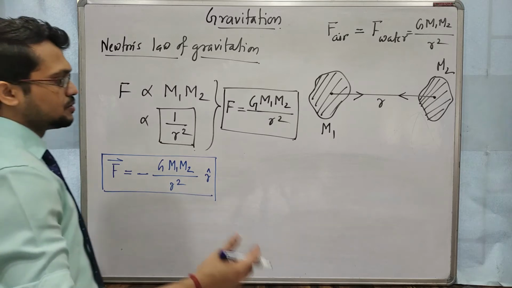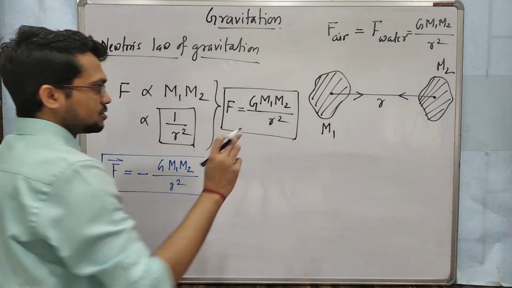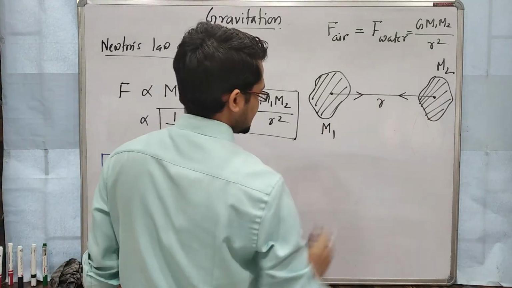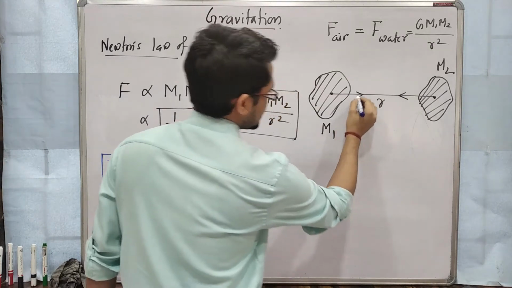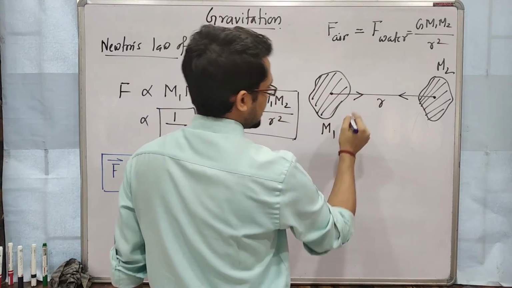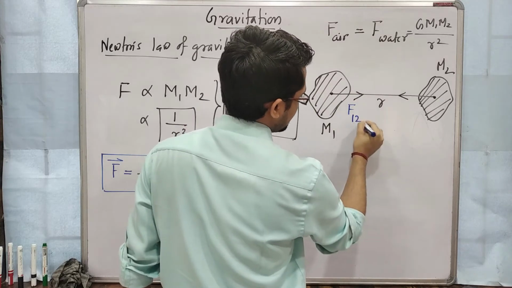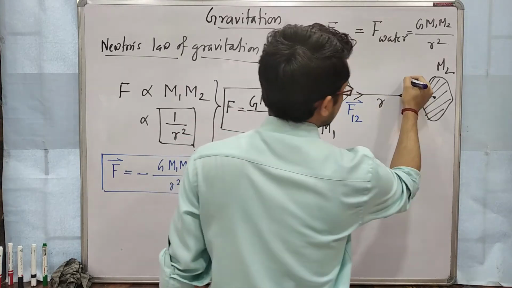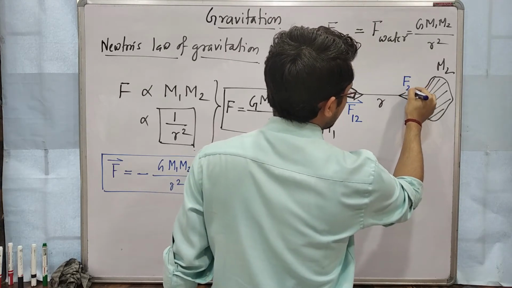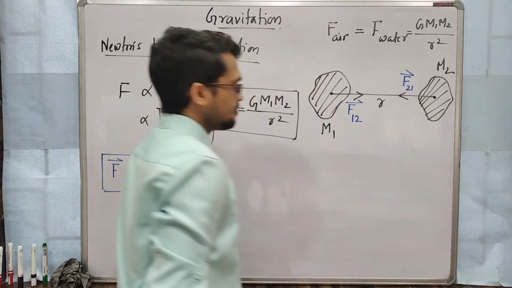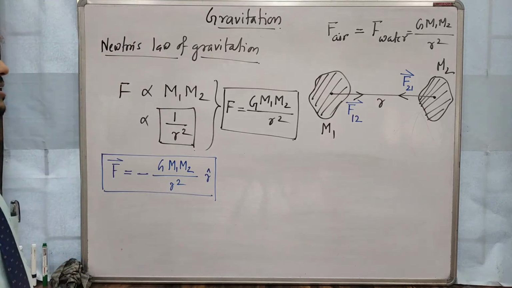Now if we represent the force precisely for different masses, the force acting on m1 due to 2 is written as F12, and the force acting on 2 due to 1 is written as F21.